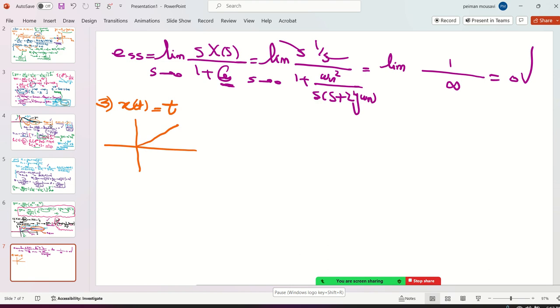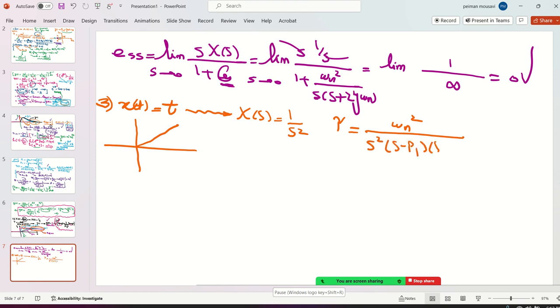And you want the output, which is your car, to follow the input. So by saying this, the Laplace transform of this, X(s), is 1 over s squared. So your Y(s), I'm not deriving again, I'm just plotting here, gonna be s squared this time, (s minus p1)(s minus p2).